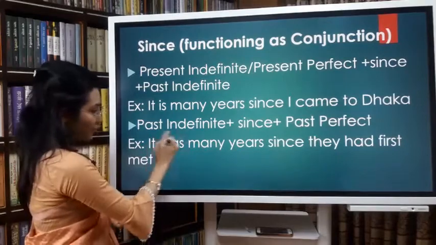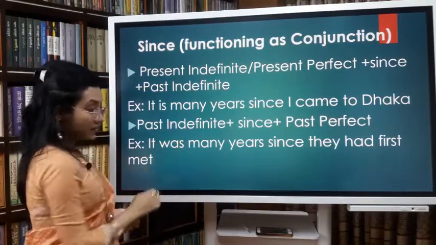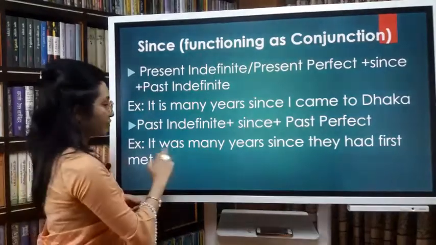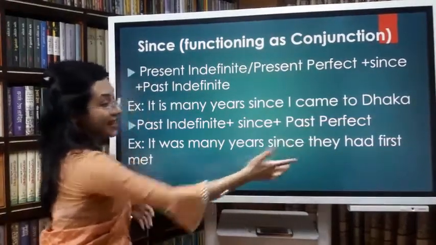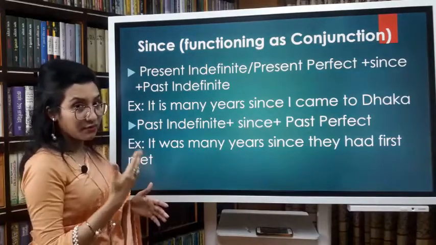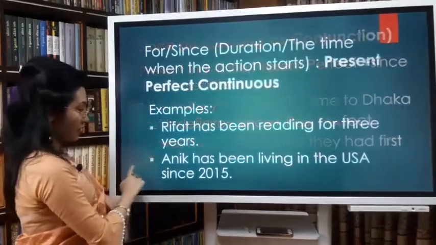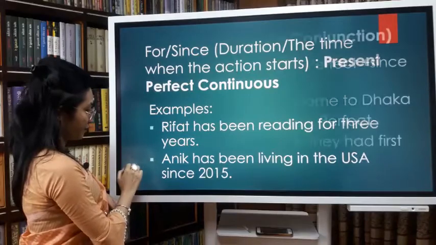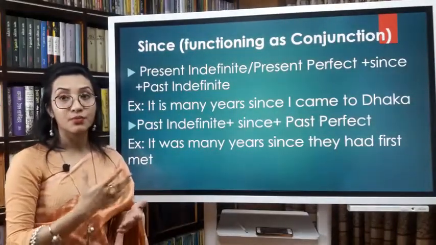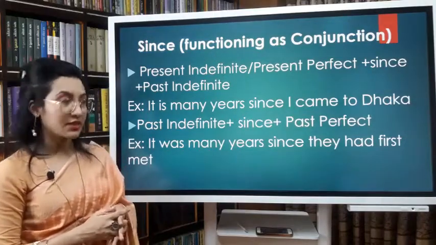So was যেহেতু ব্যবহার হয়েছে, this is the V2 form of am is are. For that reason, we have used they had. Subject plus had plus V3, met. We have used met here. This is the past participle form of meet.